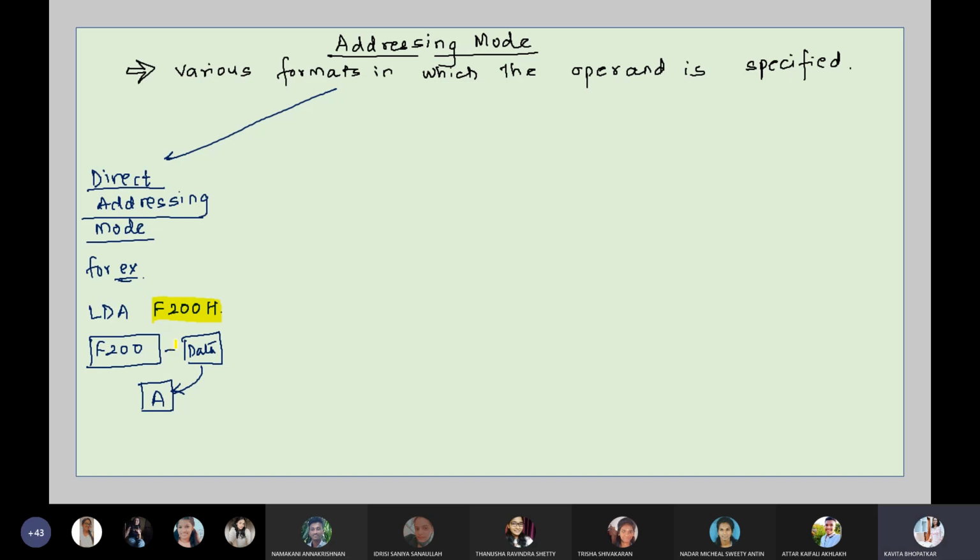So data content of F200 will get loaded into accumulator. Basically, direct addressing mode is that addressing mode where the address appears directly in the operand.